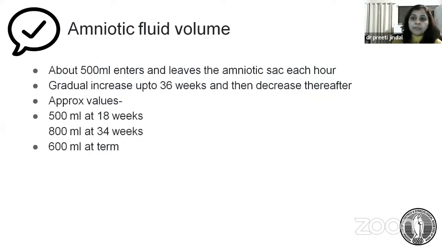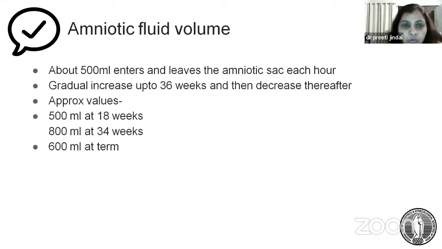If she's diabetic, ideally she should have a little more liquor, especially if it's uncontrolled diabetes. If her liquor volume is already on a lesser side, the clinician should become more alert and have a better look, as she might develop oligohydramnios. And oligohydramnios in these patients is in fact more severe than in any other patient.